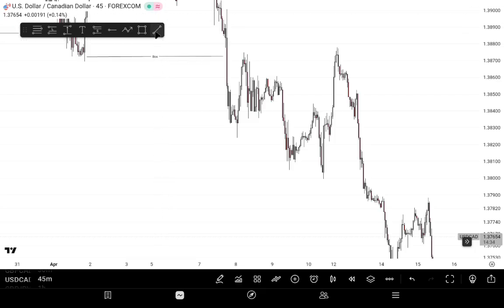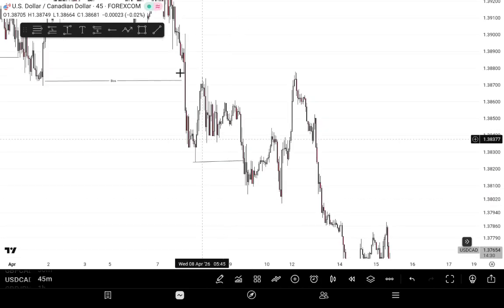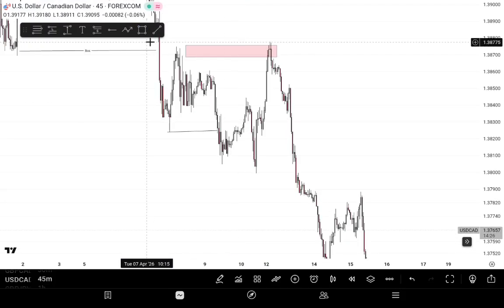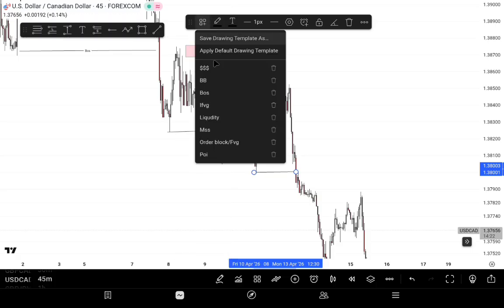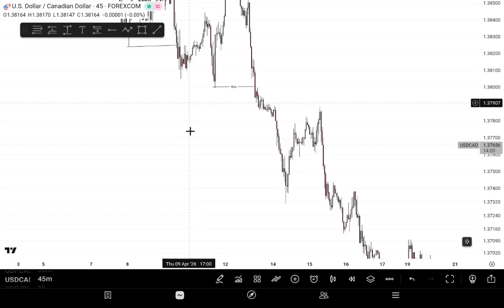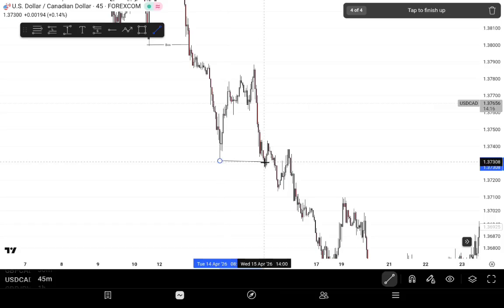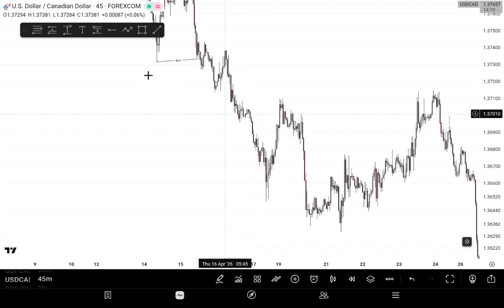Alright, we also have a break to the downside. Price reacts from here, and we also have a break to the downside. Alright, we also have another break to the downside.